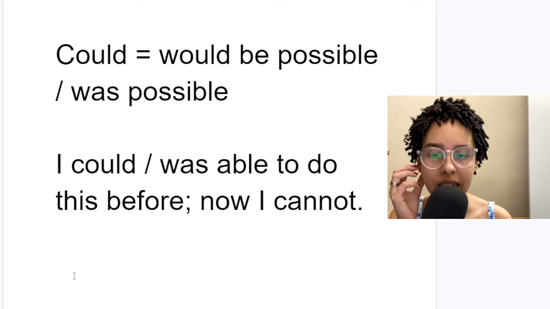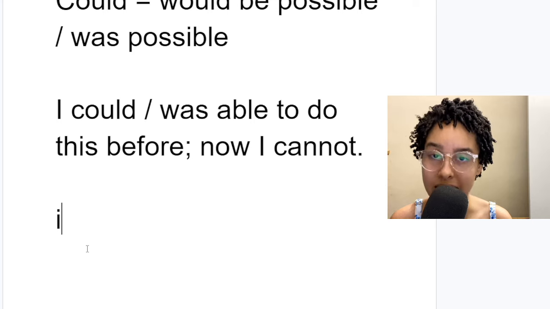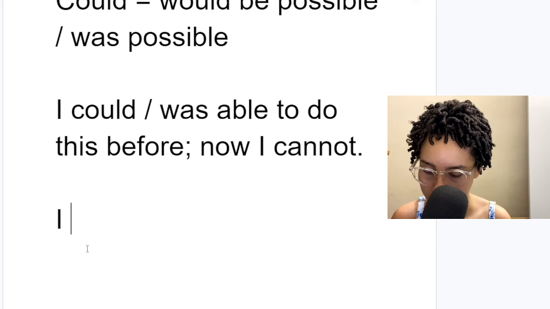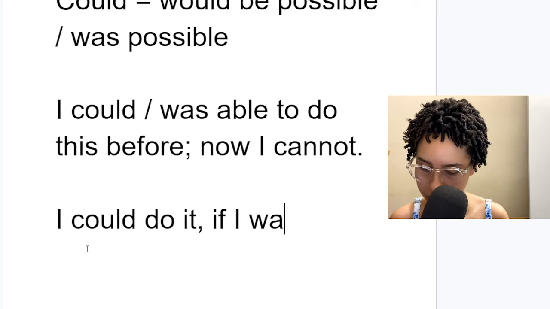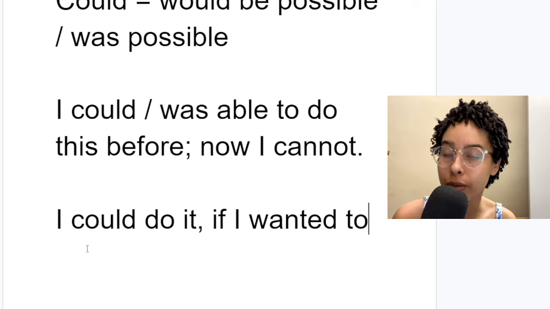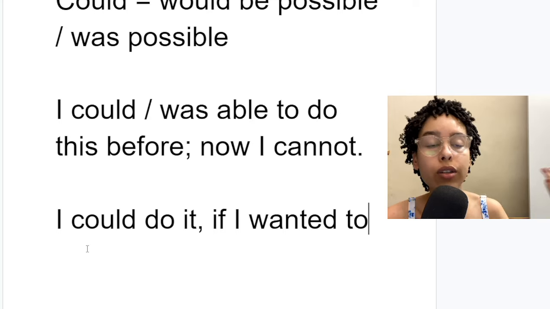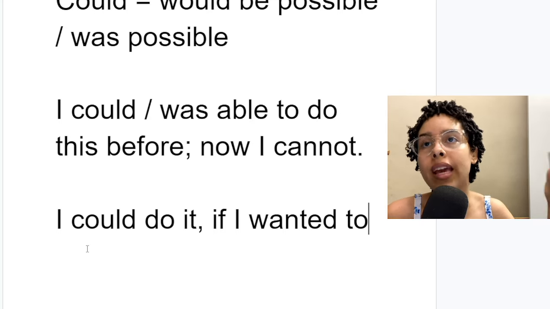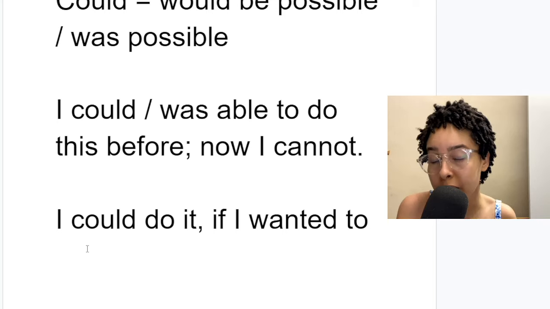The second meaning of this word would be in a sentence like this: I could do this if I wanted to. So it implies a possibility. I would be able to, it would be possible for me to do it if I wanted to.